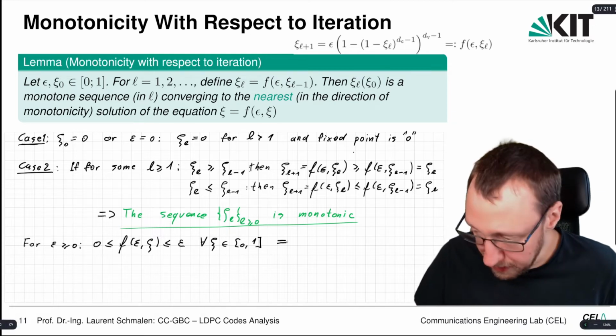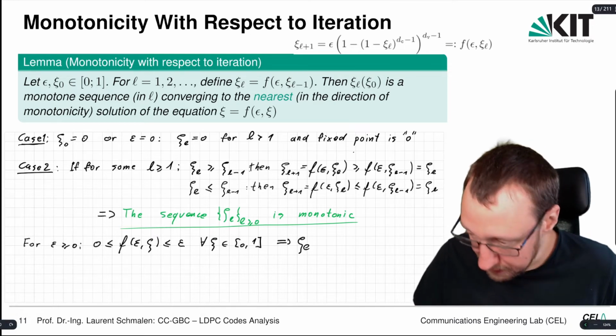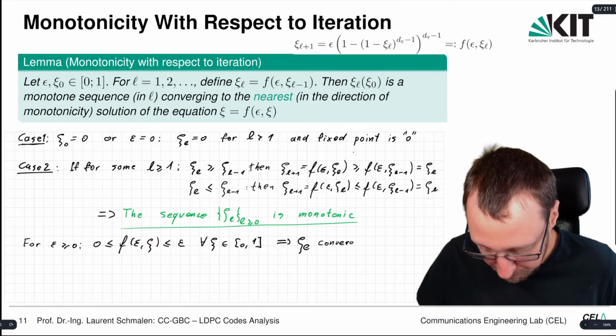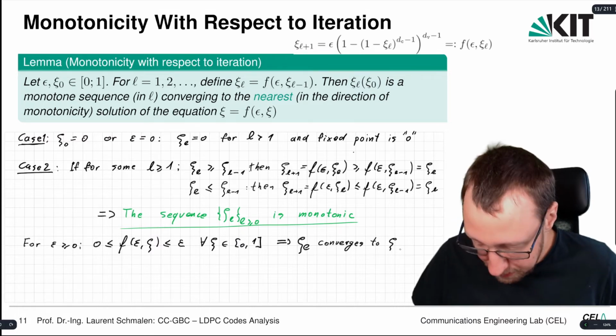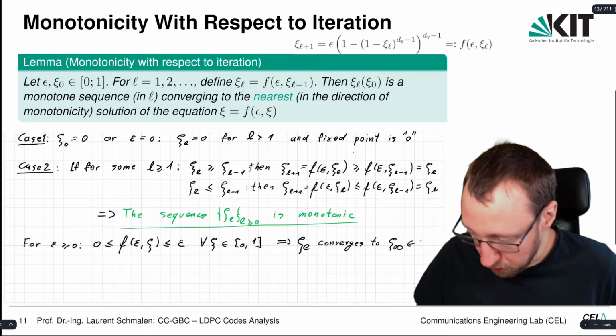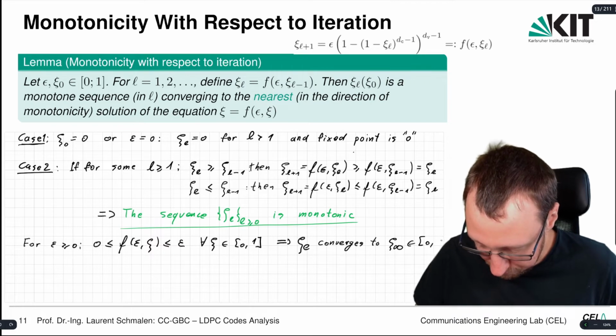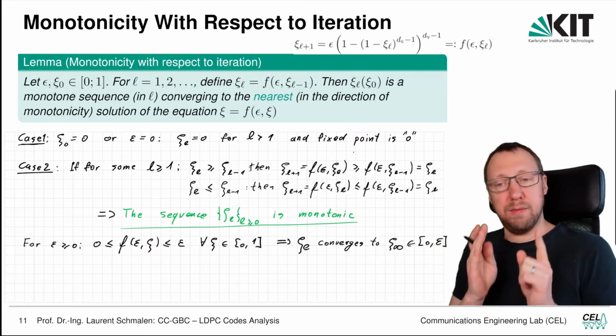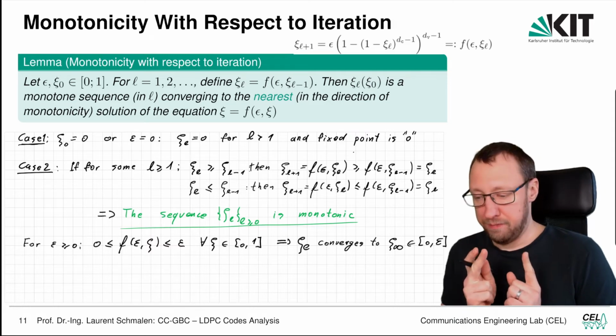So that means we can say that C_l converges to some C_infinity, which is between 0 and epsilon. C_infinity is constrained between 0 and epsilon.